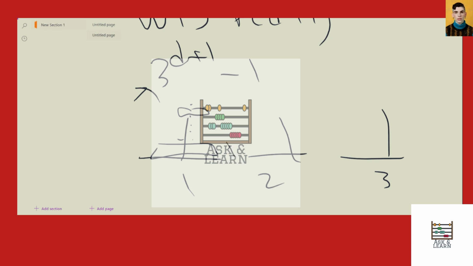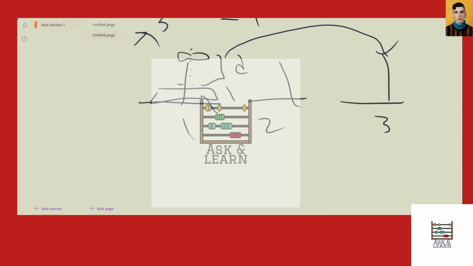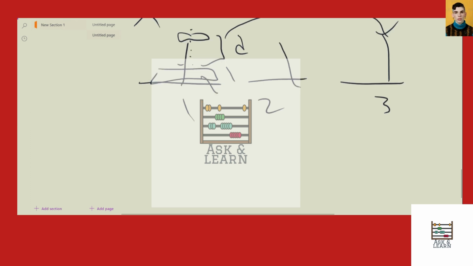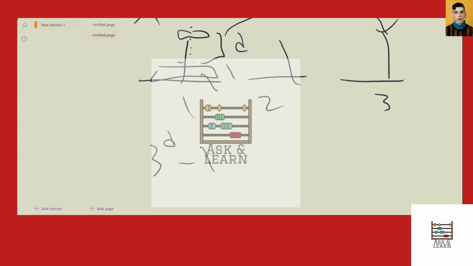This is 1, this is D. So you're going to keep this bottom one fixed and move all of these to peg 3. That requires at least 3 to the D minus 1 steps from our inductive hypothesis P of D.